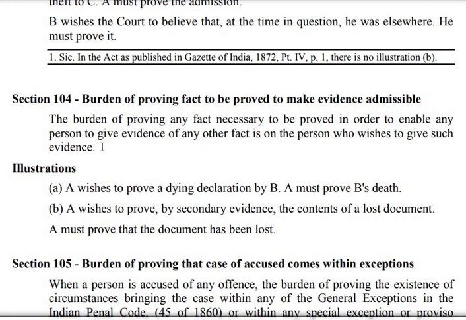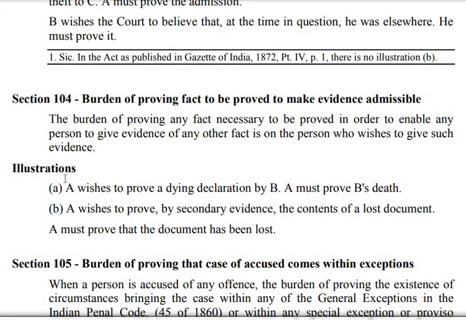I will have that burden. If I want to prove a particular evidence and court asks me how is that fact relevant, and I can prove the relevancy of that fact only by proving some other fact, then I must first prove that other fact, and then only the relevancy will be proved, and then the evidence will be allowed. And who is having the burden of proving that fact? The party who proposes to give the evidence.